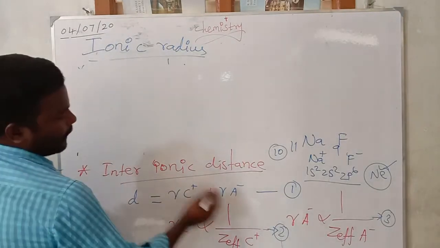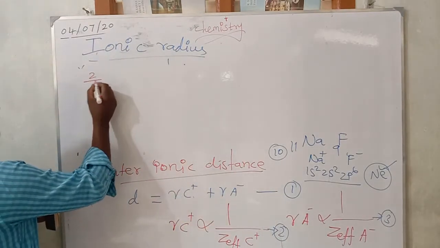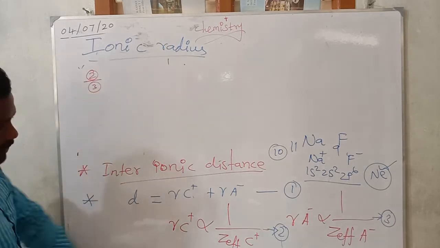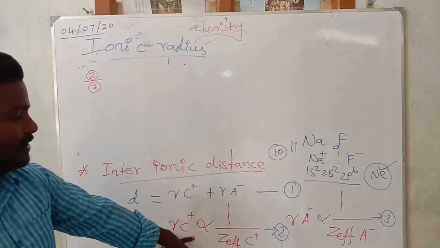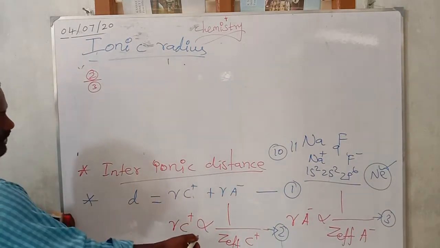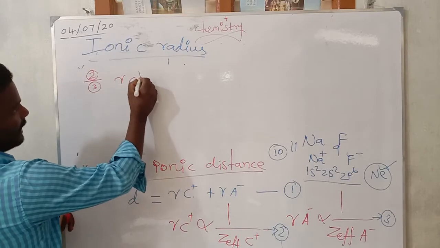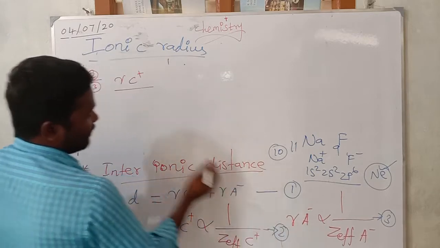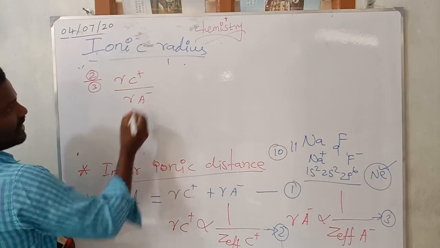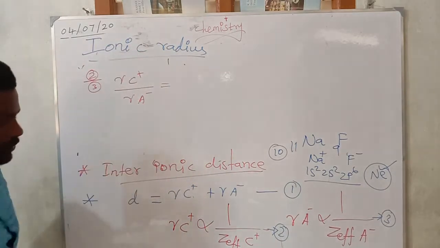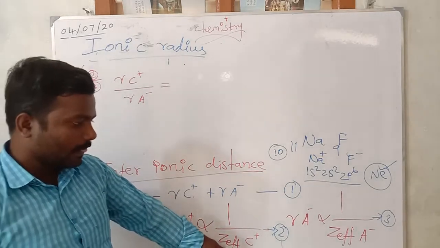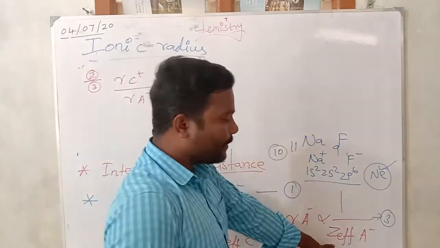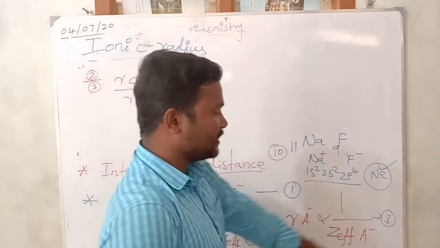Right. So next we are going to divide equation 2 by 3. What is equation 2? Radius of cation is inversely proportional to effective nuclear charge. So I can write radius of cation divided by radius of anion, equation 3, is equal to 1 by effective nuclear charge of cation divided by 1 by effective nuclear charge of anion.